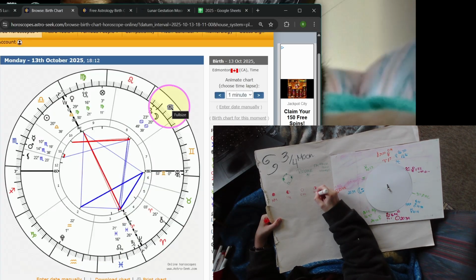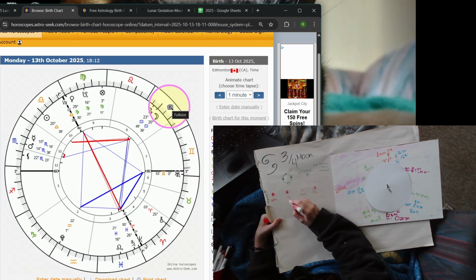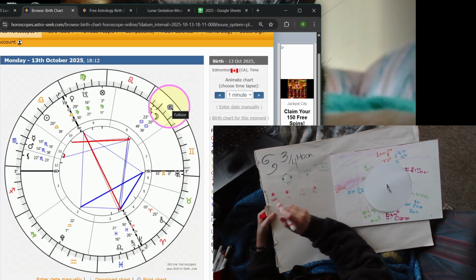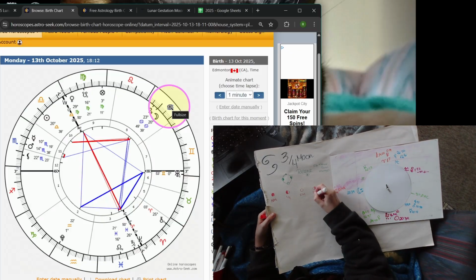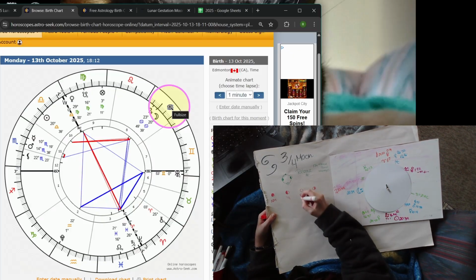And so here we're wrapping up what we released and what was illuminated here, which we started to build here, which was seeded here at the new moon. Now, this third quarter moon is in Cancer. The full moon was in Aries.